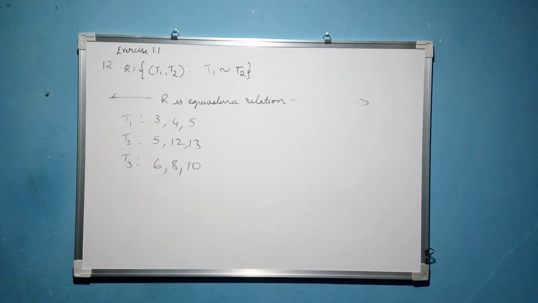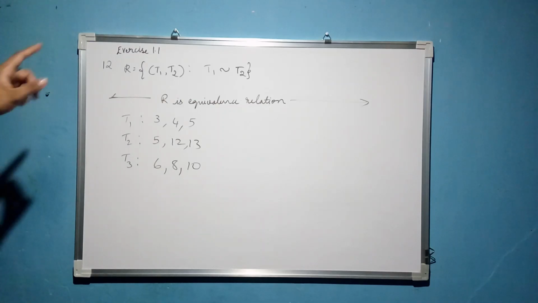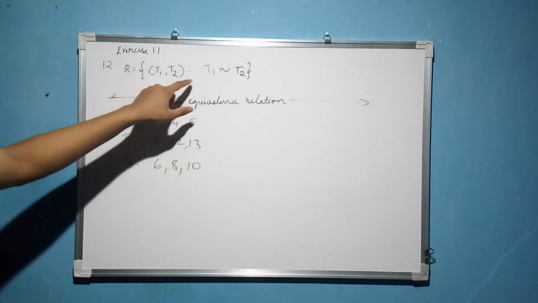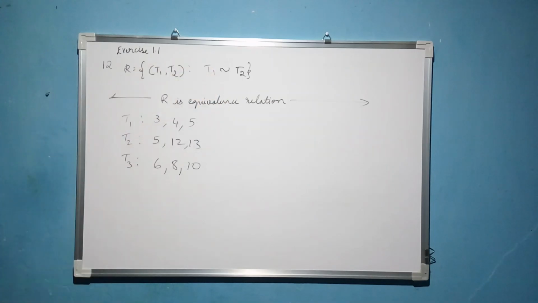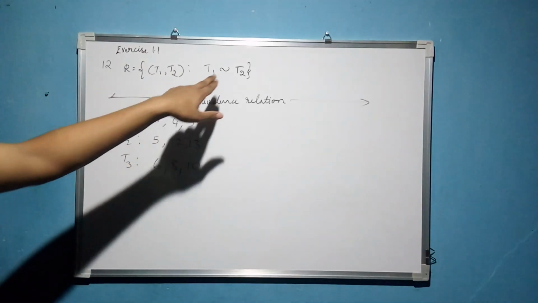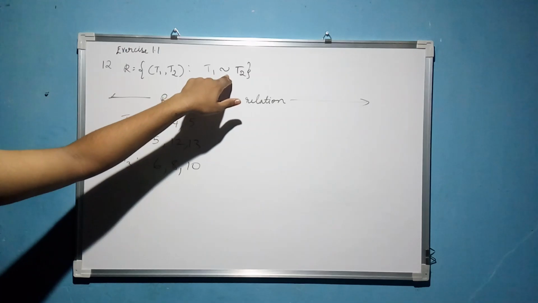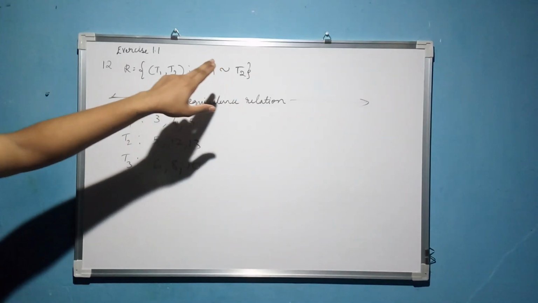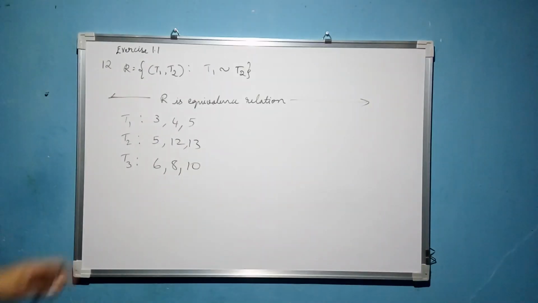Now we have the 12th question. The 12th question has a set of all the triangles where R is a relation, that is T1 T2, such that T1 is similar to T2. It is a symbol which you use for showing that something is similar. I think we have learned in class 10. The first part is just to prove that R is an equivalence relation. Again and again the same type of questions are coming.